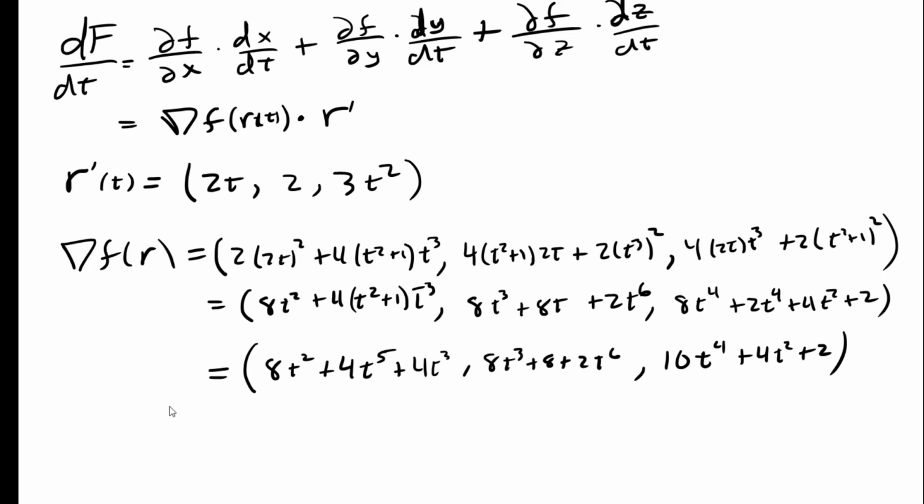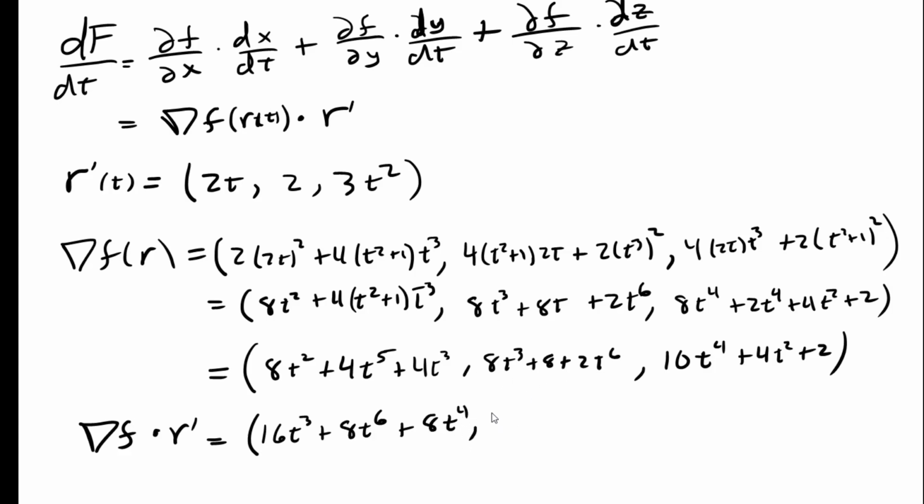Okay, so now we want the gradient of f dot r prime. So we do the dot product, and I'm just going to multiply these in my head, or kind of without writing it all out. So I have 2t squared times 2t, it's going to be 16t cubed plus 8t to the 6th plus 8t to the 4.